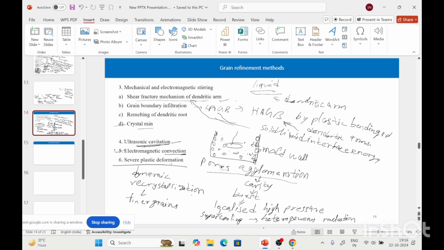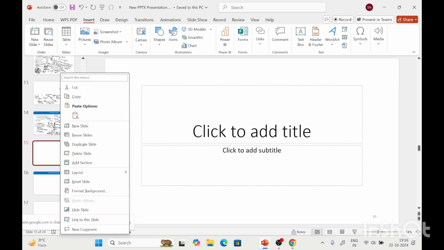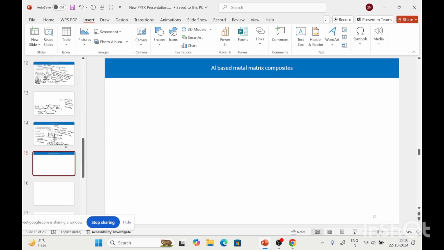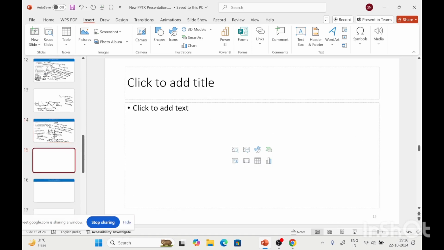And the processes associated with severe plastic deformation are, first, high pressure torsion, which means the SPD process can happen in the high pressure torsion process.